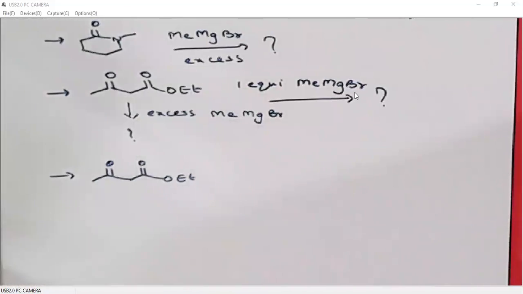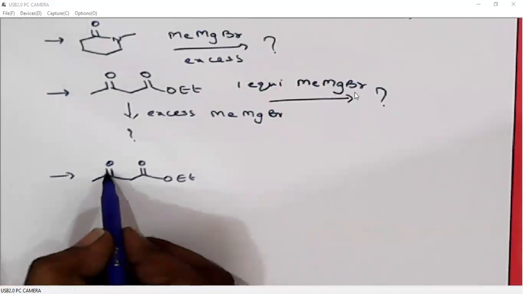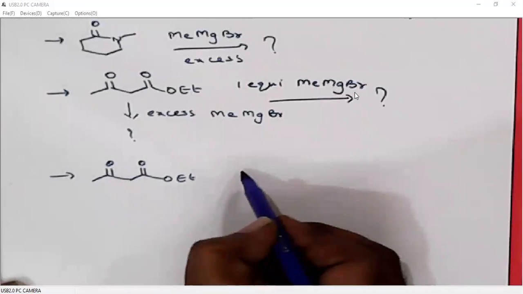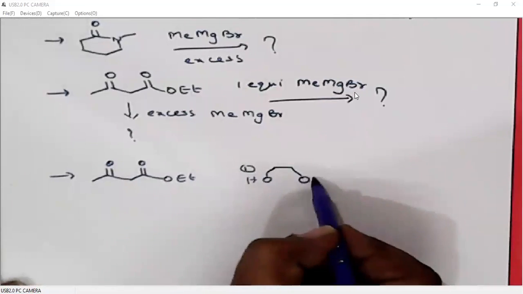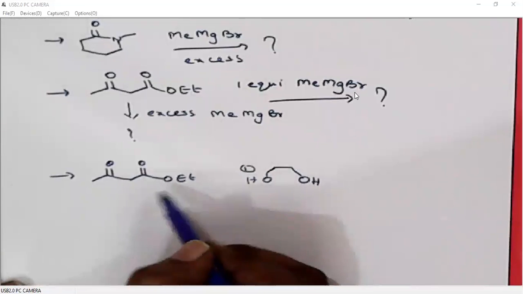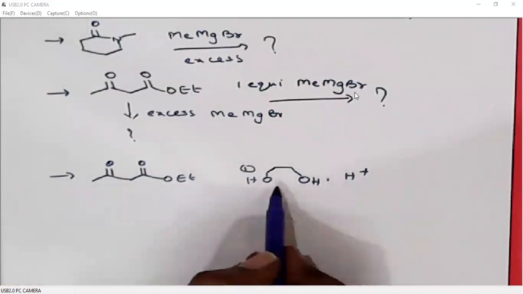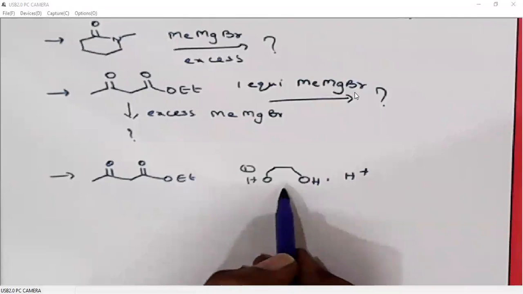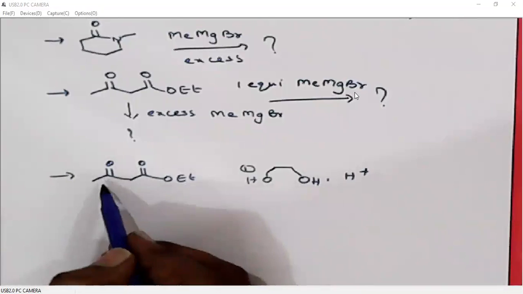When we don't want to involve this ketone in Grignard reactions, it is possible for us to protect the ketone in the presence of ester. So when we treat with 1,2-ethane diol under acidic conditions, carbonyl will be protected.